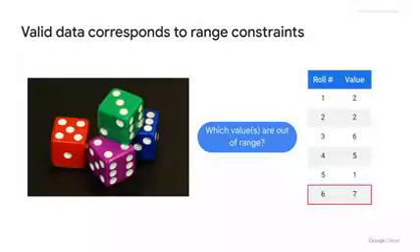Say you're rolling one die, is it possible to get a 7? No, it's not possible. That's out of bounds. Alternatively, say you're rolling two dice. What would be the out of range value here? That would be roll number 5 with a value of 1. If you roll two dice, you can't have 1 as the total.